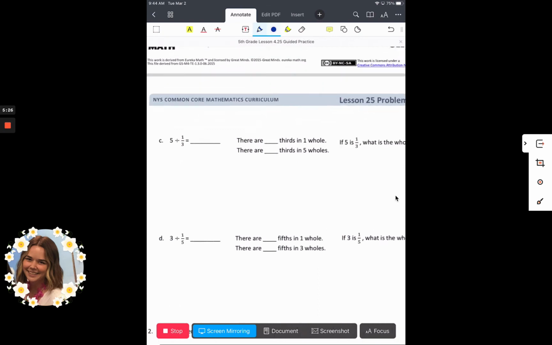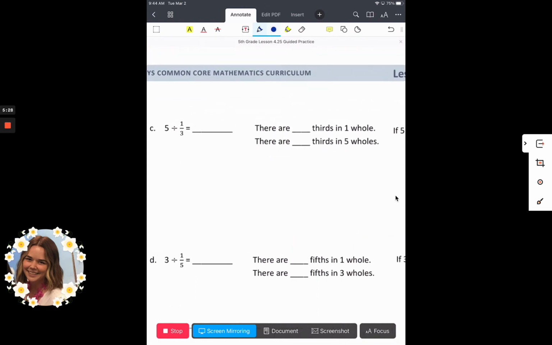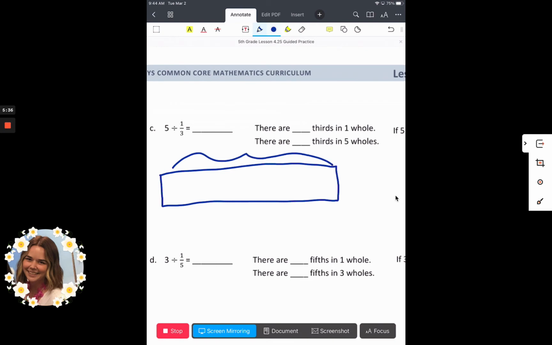All right, so we have 5 divided by 1/3. So we have our whole being 5. And we're going to divide each of them into thirds. So we have to have 5 first. Then we'll divide each of those into thirds.